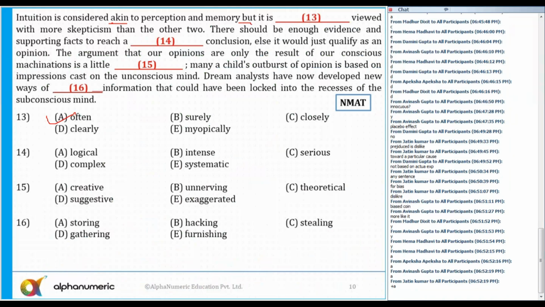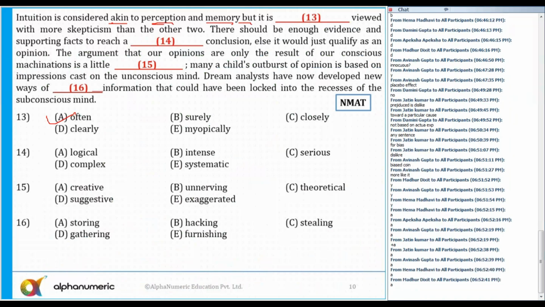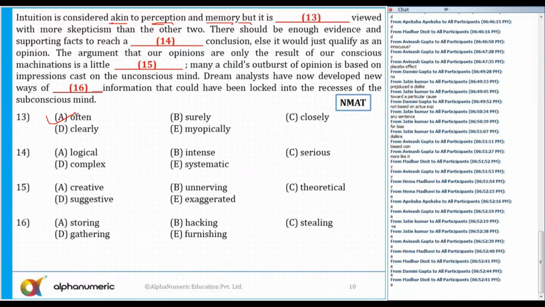There should be enough evidence and supporting facts to reach a dash conclusion. Else, it would just qualify as an opinion. So you have to reach a logical conclusion. Otherwise, it will just be your conclusion.